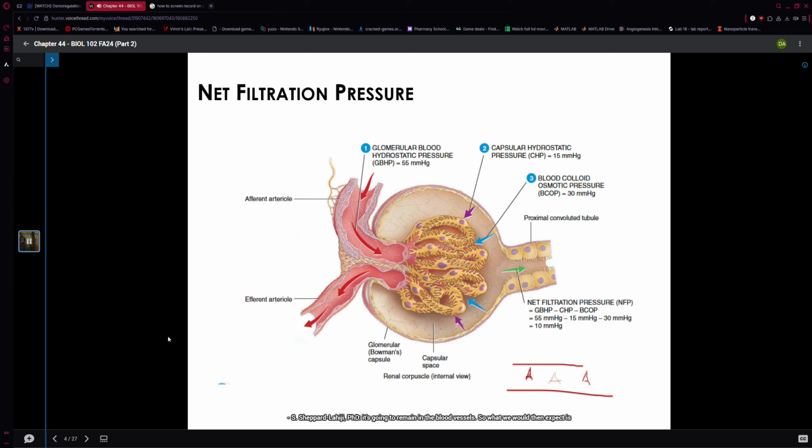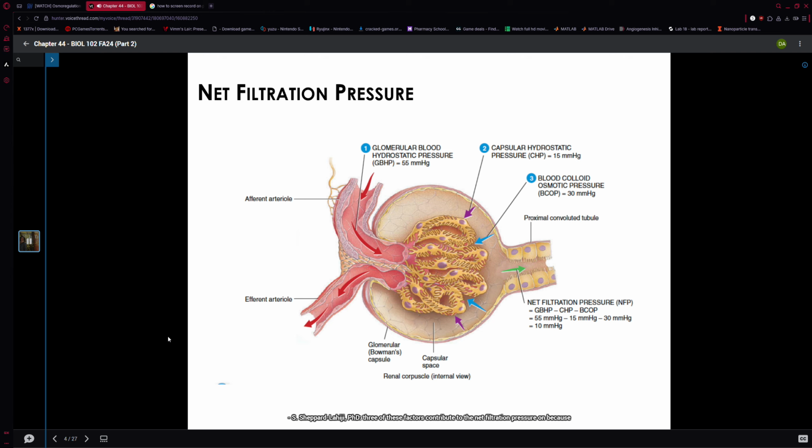So water is going to want to flow back into that vessel as a result of that difference in solute concentration. You have protein within the blood vessel at a much higher concentration than within the capsular space. So in response, water is going to flow back into the capillaries. That is osmosis, which is why it's referred to as osmotic pressure.